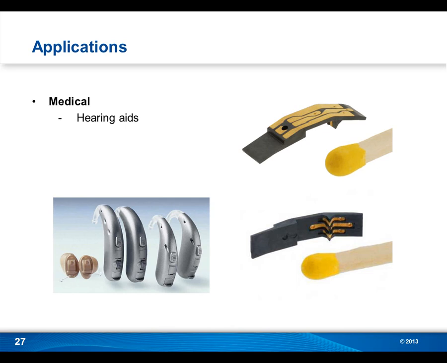But at the same time, we want to make it simple and comfortable to wear for the user of the device. So saving weight makes a big difference, and doing away with a rigid circuit board and using the plastic part that's in the item anyway, and adding the circuitry to it, really saves a lot of space and a lot of weight in this part. And for a part like this that you carry all day every day, it makes all the difference in the world.